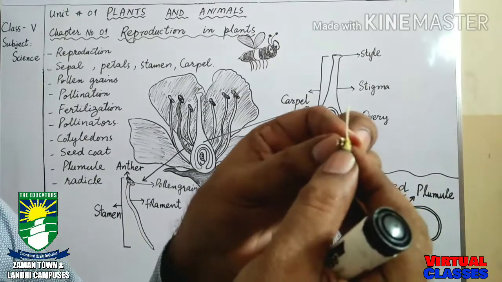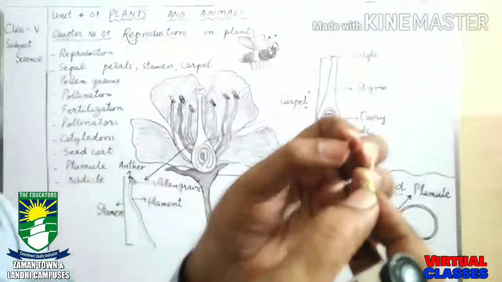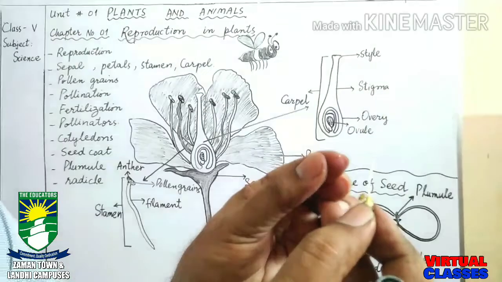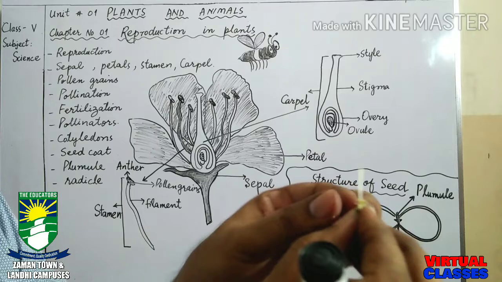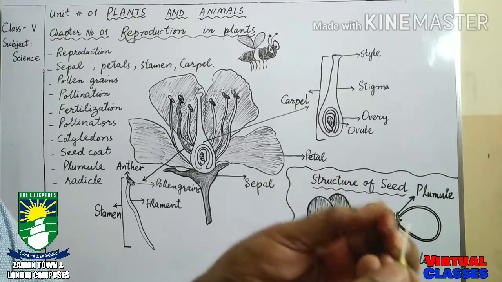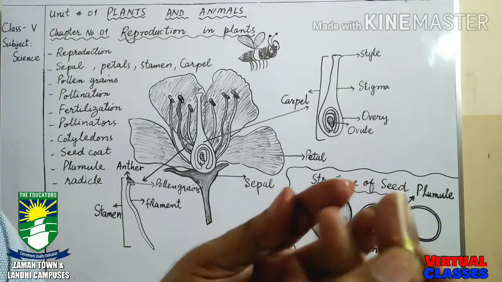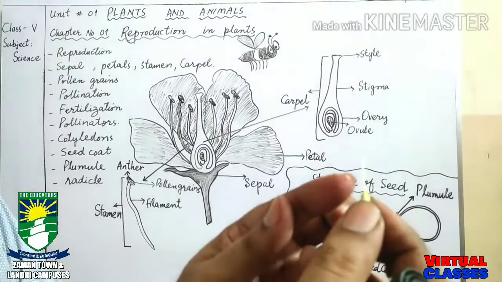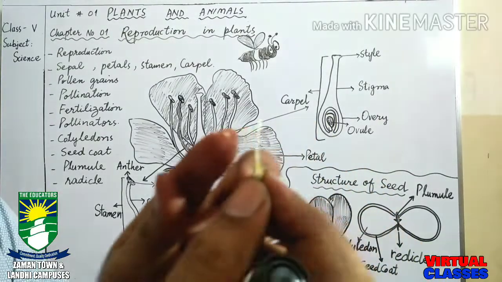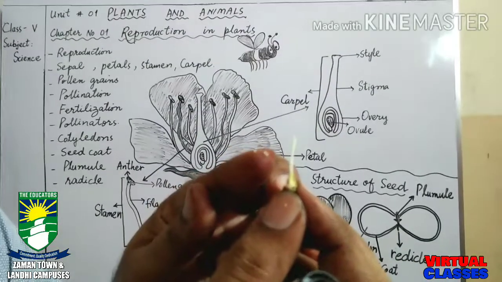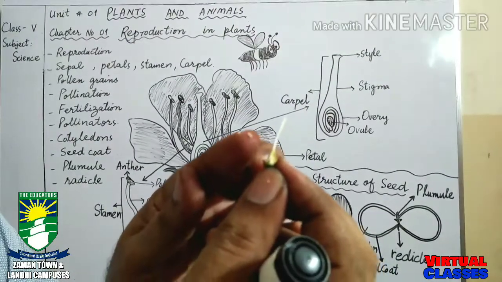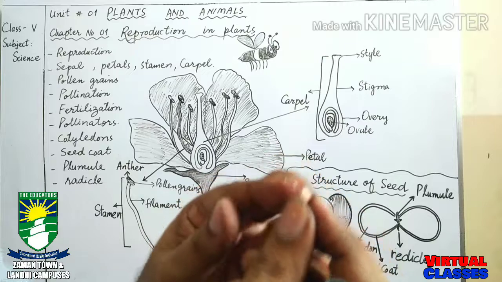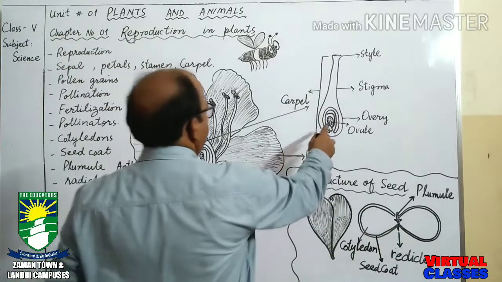Watch the ovules. These grains which are present at my finger are ovules. See the ovules. Okay, so ovules are present.